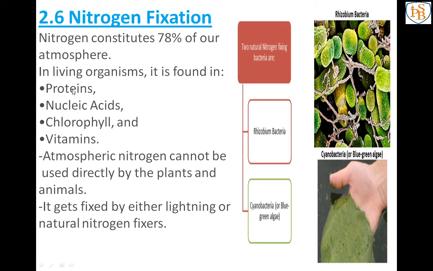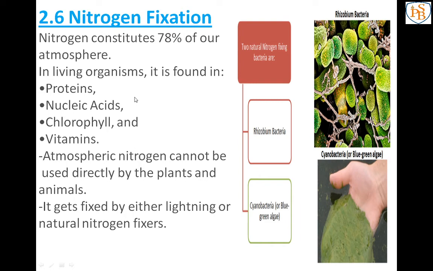These four are where nitrogen is present, but it cannot be taken directly by plants and animals. So it has to be fixed either by lightning or by natural nitrogen fixers. Means through lightning or with the help of nitrogen fixers, the nitrogen is fixed in the soil.